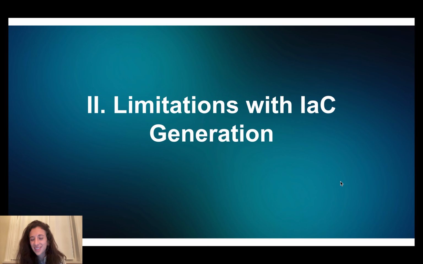So now we saw that those LLMs are trained to understand patterns and, based on that, predict new tokens, new words, new code generation. But there's also a limitation to that.